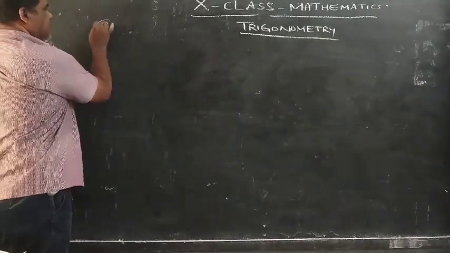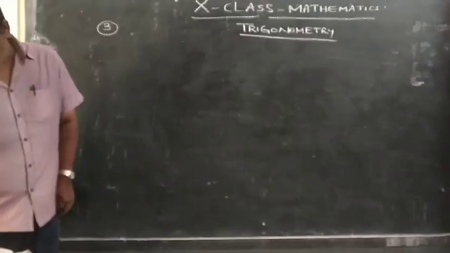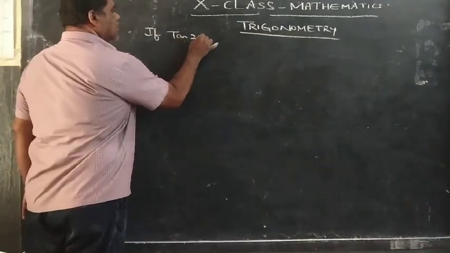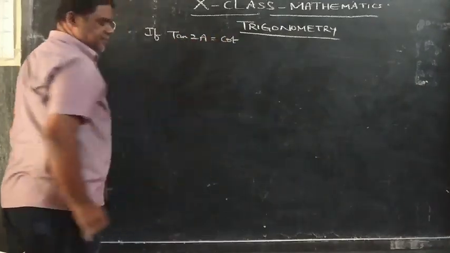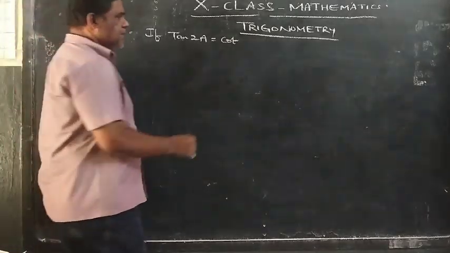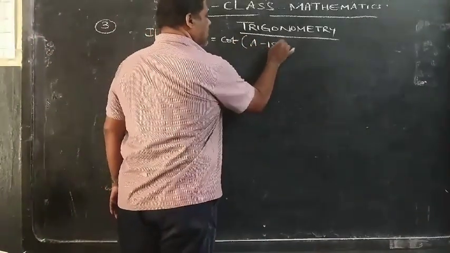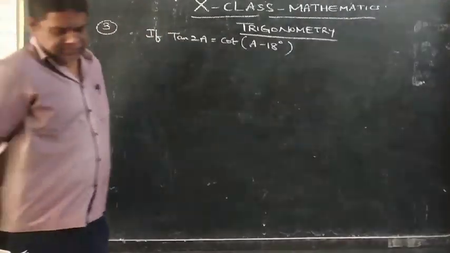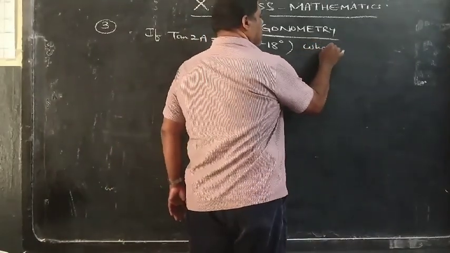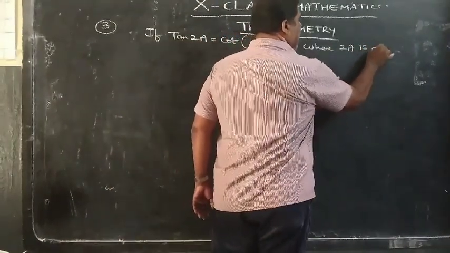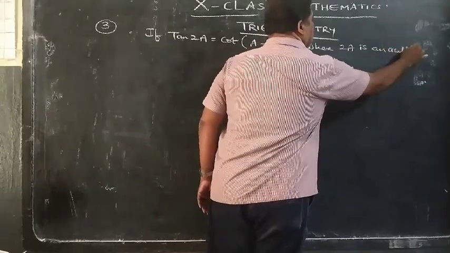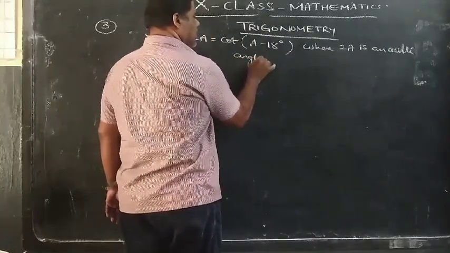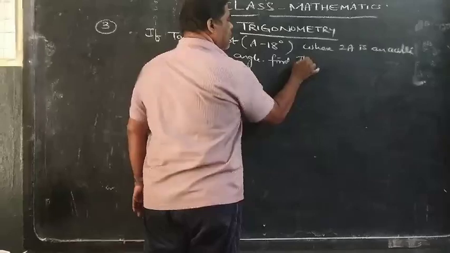Right, question number 3. If tan 2a is equal to cot a minus 18, where 2a is an acute angle, find the value of a.